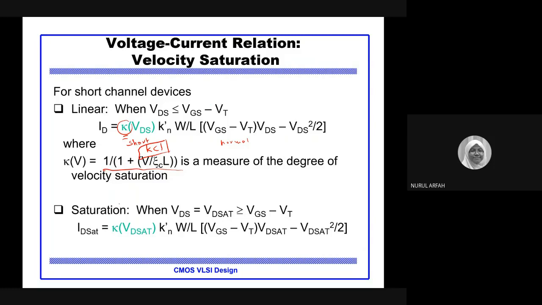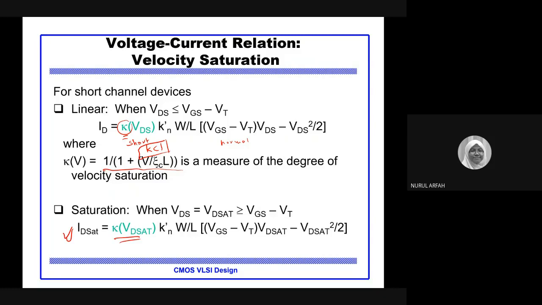So for the saturation region, when VDS is more than or equal to VGS minus VT, the saturation drain current will have this equation for the short channel device.